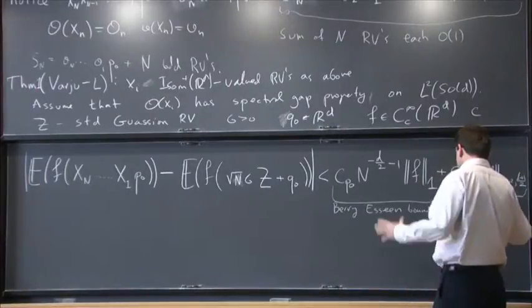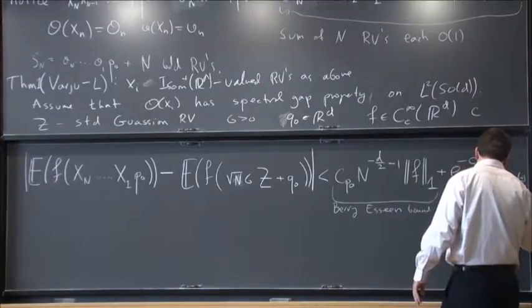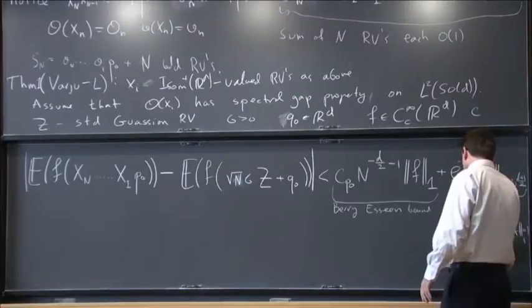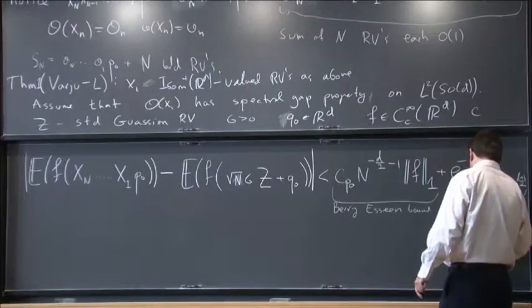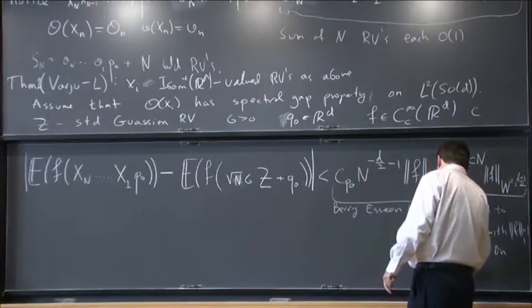some f, which is concentrated, let's say, with L1 norm 1 to normalize things, on exponentially small balls.